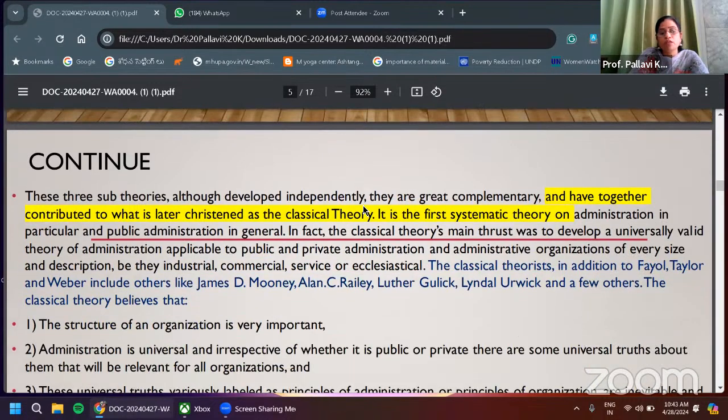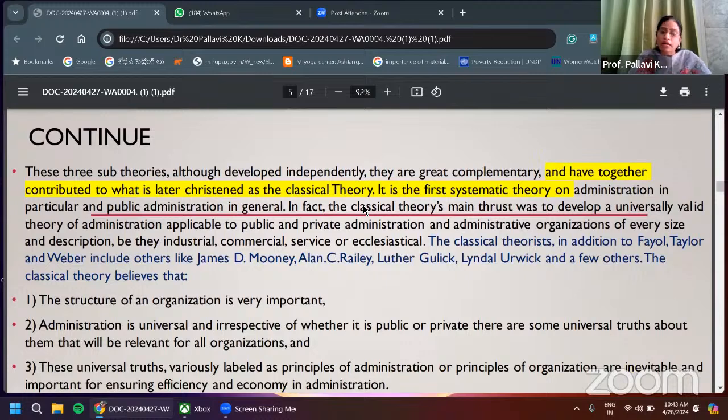Now, the main emphasis of the classical theories was to develop a universally valid theory of administration, which is applicable to public and private administration as well. It should be universal. That is, for any organization, the principles of organization should be applied in the same way.